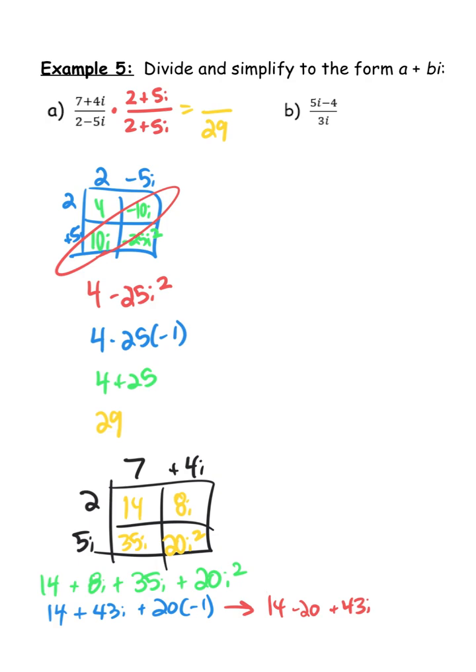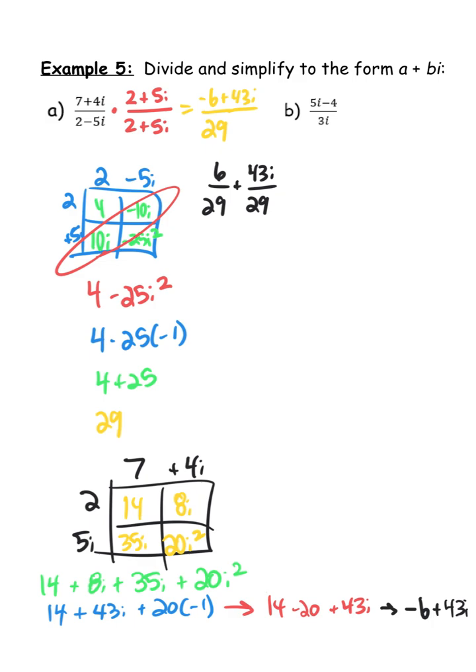So then I am left with negative 6 plus 43i, which is what goes up here. Negative 6 plus 43i for my final answer. So the only thing you do next is you simply rewrite it as negative 6 over 29 plus 43i over 29. So you separate the real and the imaginary.